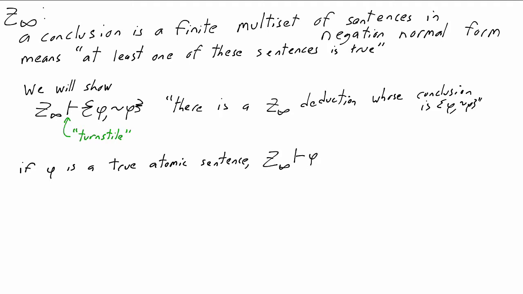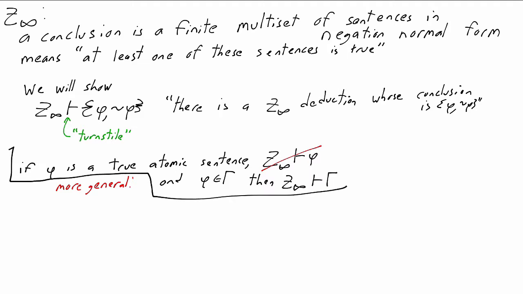In keeping with the idea that we only need one thing in a multiset to be true, the rule will actually be a little more general. If gamma is a multiset which contains a true atomic formula, then Z infinity can deduce gamma, the whole multiset, because gamma is justified by the true atomic sentence that it contains.